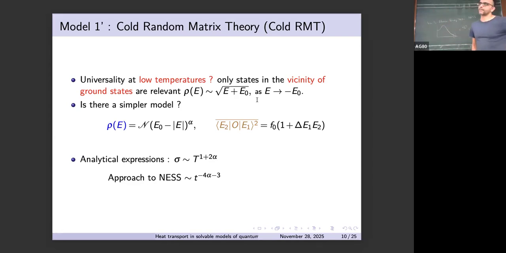Shouldn't the NESS ultimately, the time scale should somehow depend on your non-equilibrium temperature, whatever is the final temperature? There is a time scale imposed by that. Equilibration is not happening. Sorry, maybe I didn't.